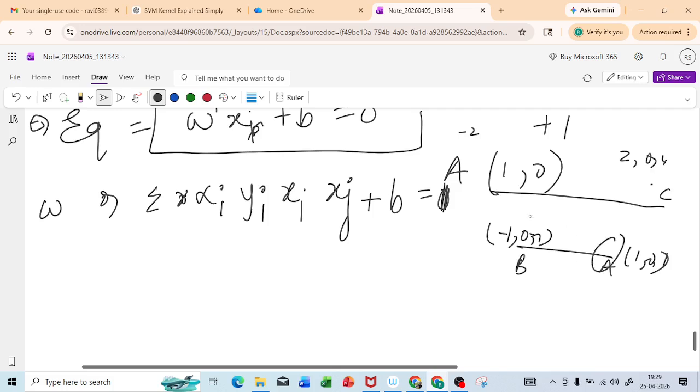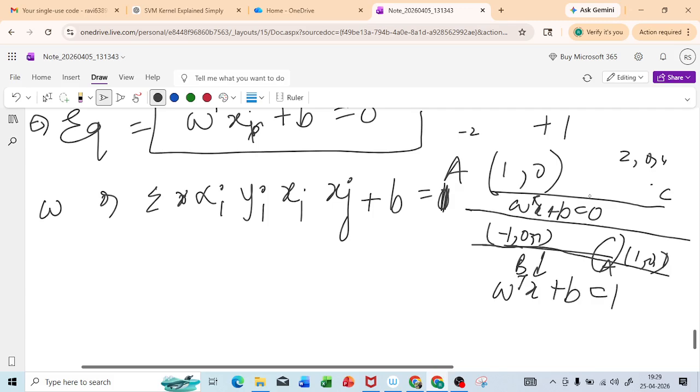Because this is on the positive side, and this is a hyperplane, this is the line which is passing through the margins. If you consider this, this is w^T x plus b equal to 0. This is on the positive side, so we write w^T x plus b equal to 1, and this is w^T x plus b equal to minus 1.